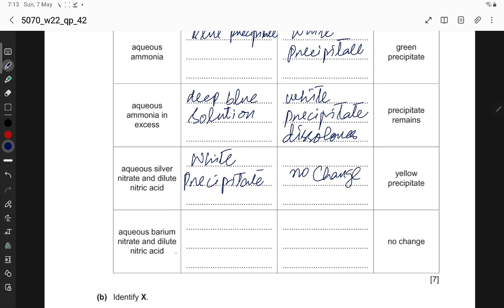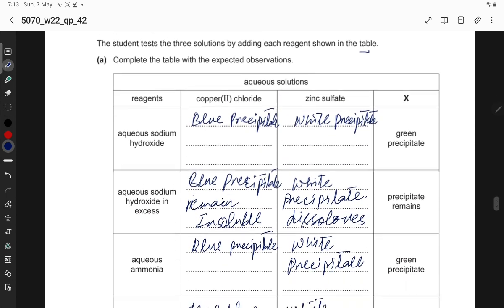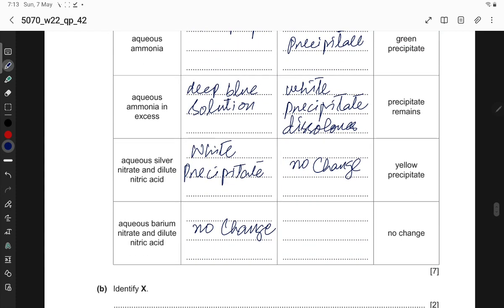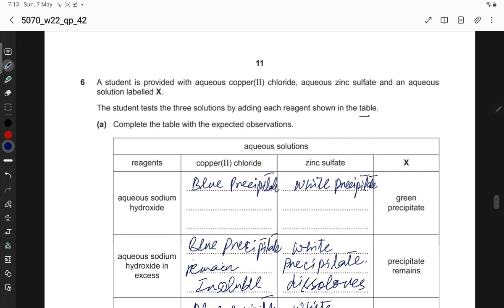Aqueous barium nitrate and dilute nitric acid. This is the test of sulfate ion. Over here no change, because in this compound chloride ions are present. In the compound zinc sulfate, sulfate ions are present, so that's why there is a white precipitate of barium sulfate. For X, no change.